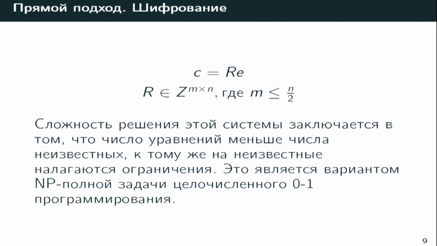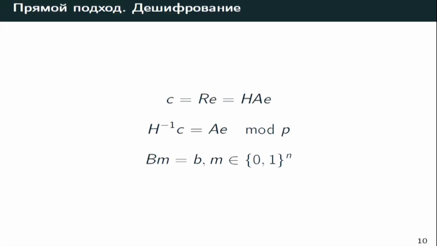In terms of the hacker's approach, the number of equations is less than the number of the unknowns, and the unknowns are limitations. It's one of the tasks. Encryption is based upon reversibility of the H matrix. We have this BM equals B system.